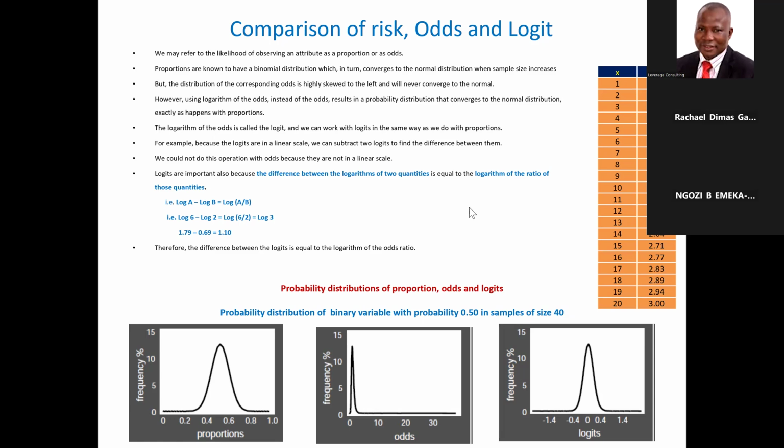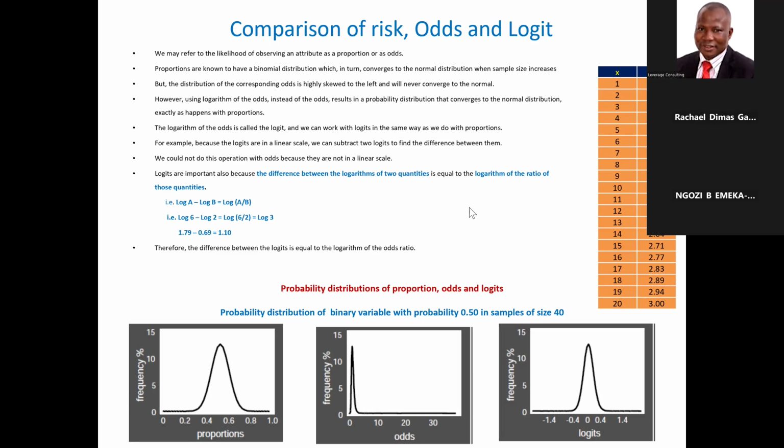Look at the corresponding logarithm. These values are whole numbers, but when you transform to logarithm, some of them begin to have decimals. So it gives you the impression that something that does not follow a normal distribution, when you transform it to logarithm, may follow it. That's the logic behind the transformation we did at that time.